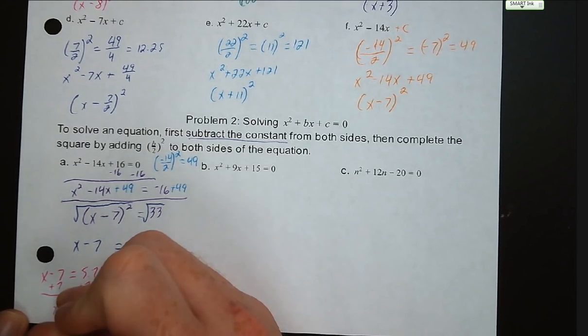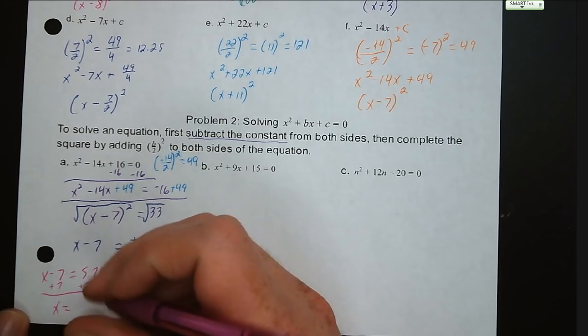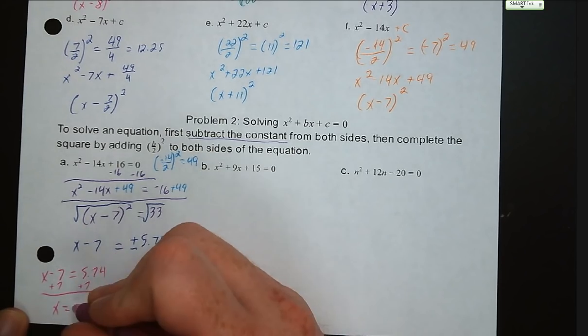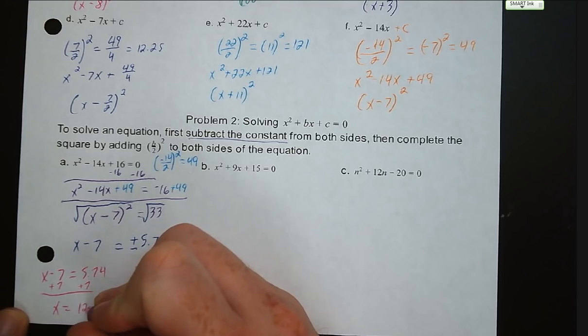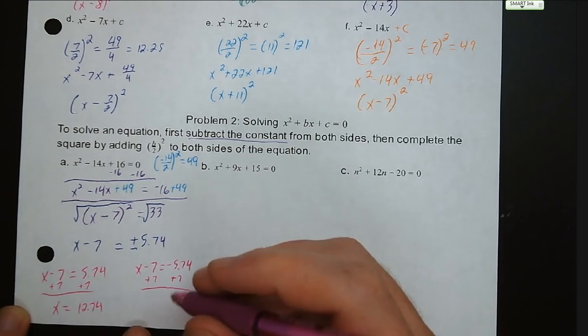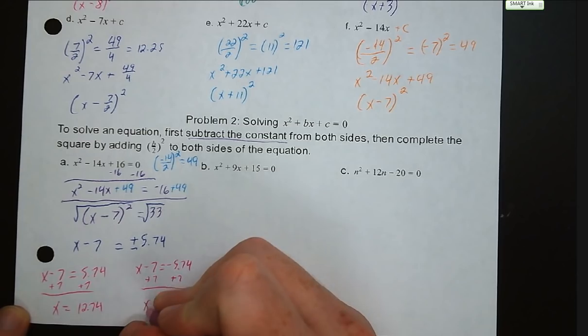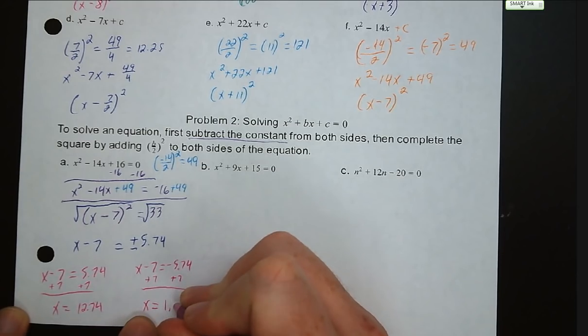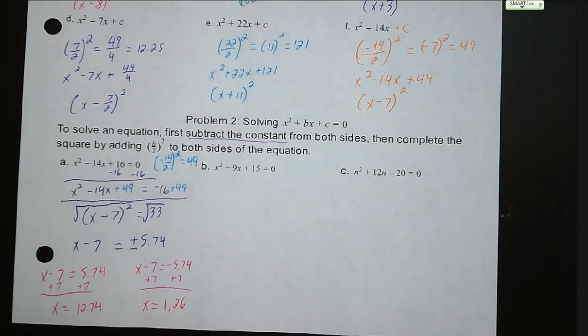So x is going to be equal to, when we add it, 12.74. And when we subtract it, x is going to be equal to 1.26. Okay? And we can just round off these when we get irrational answers.